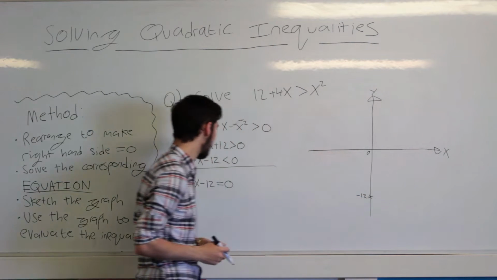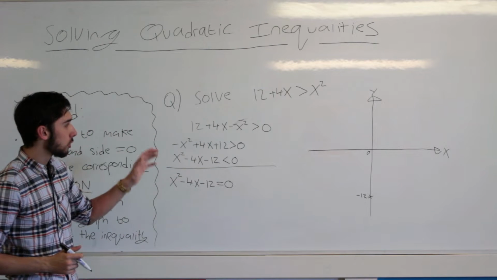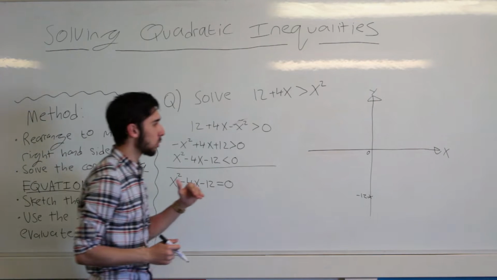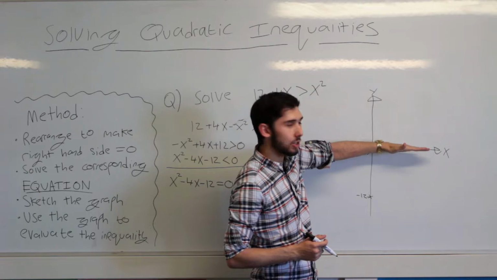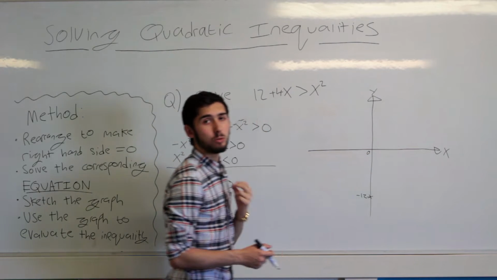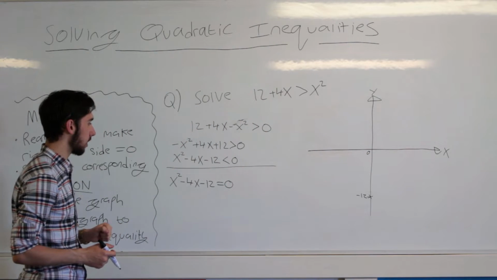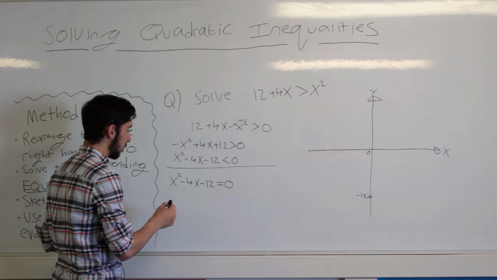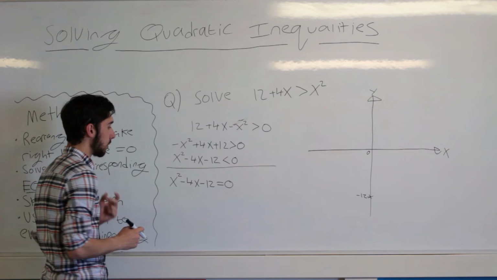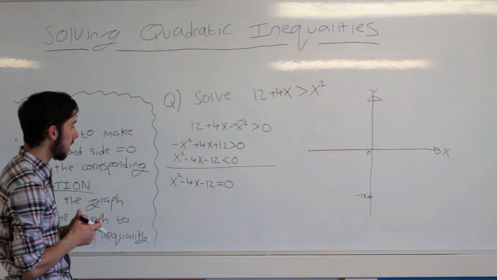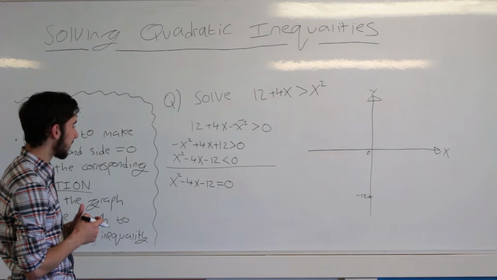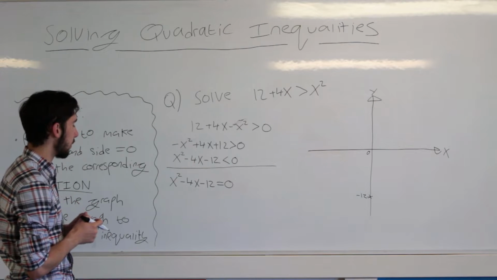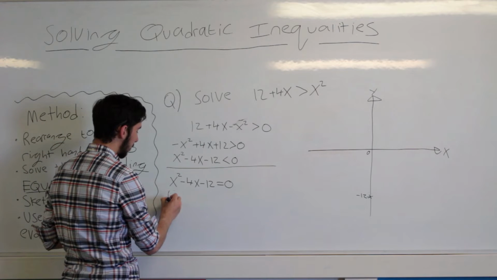Negative 12, okay? Good. Now, guys, to find the x-intercepts, or the roots, or the intersections on the x-axis, we need to factorize and solve this thing. Or you could use the quadratic formula, or any other method that you want. Let's factorize this thing. So we need two numbers that multiply to make negative 12 and add to make negative 4. Again, pause if you need to.